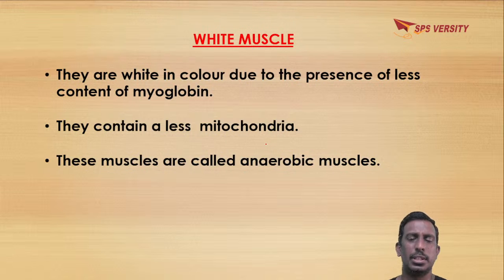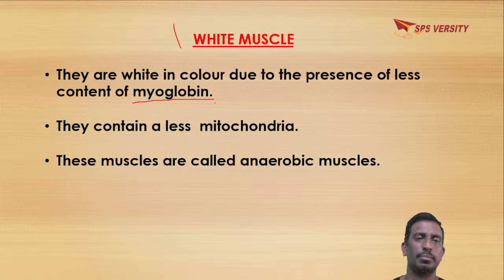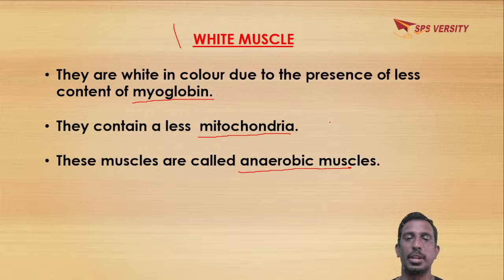White muscle is the muscle fiber which is white in color due to the presence of less myoglobin. It has less myoglobin content, and they have less mitochondria also. So that's why these muscles will do anaerobic respiration.